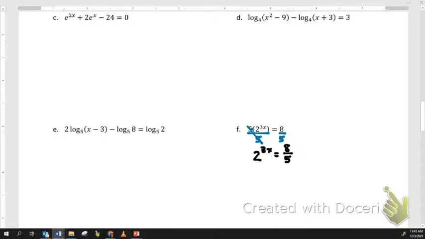What can I do from here? Put it in log form. What's the base of my log? 2. Log base 2 of what? 8/5 is equal to 3x. I want x by itself.